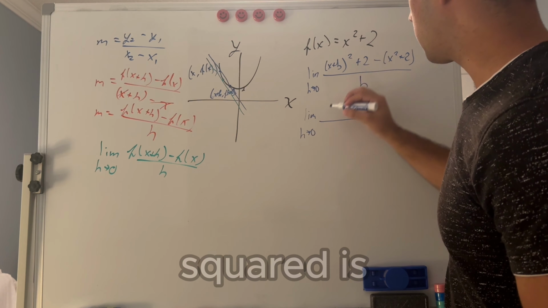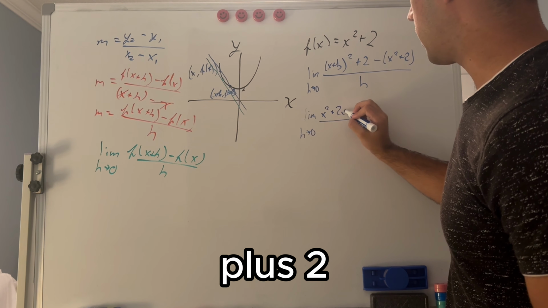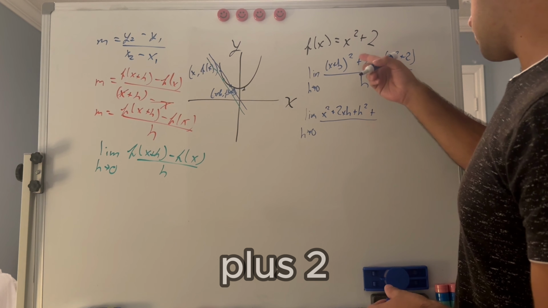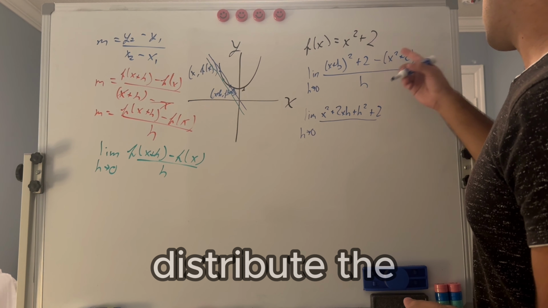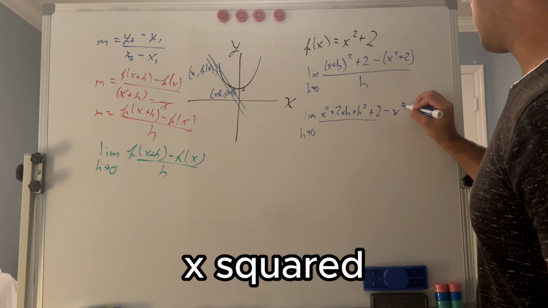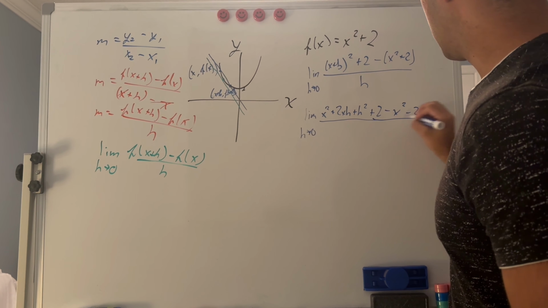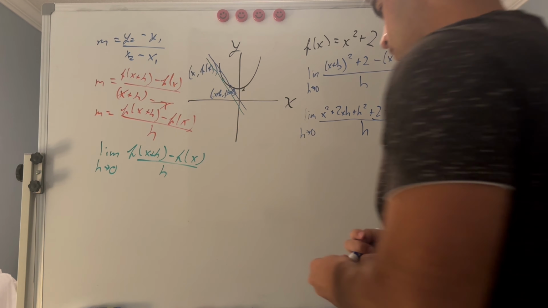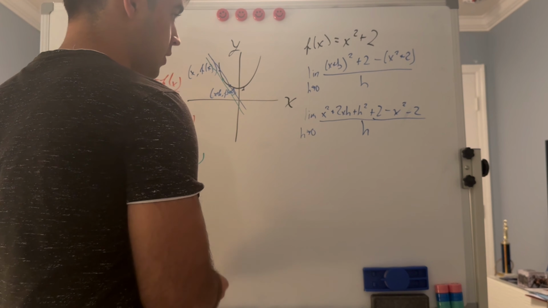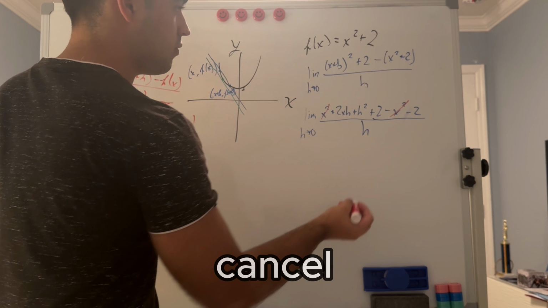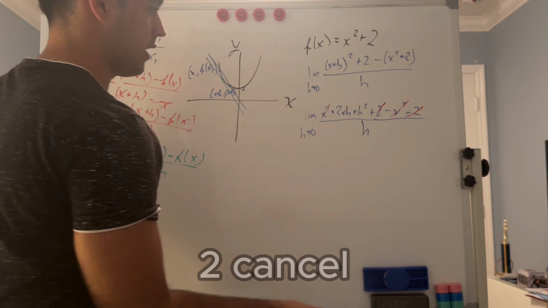So x plus h squared is x squared plus 2xh plus h squared plus 2, and then distribute the negative, minus x squared minus 2, all over h. Now here, we'll notice that the negative x squared and the x squared cancel, and the negative 2 and positive 2 cancel.